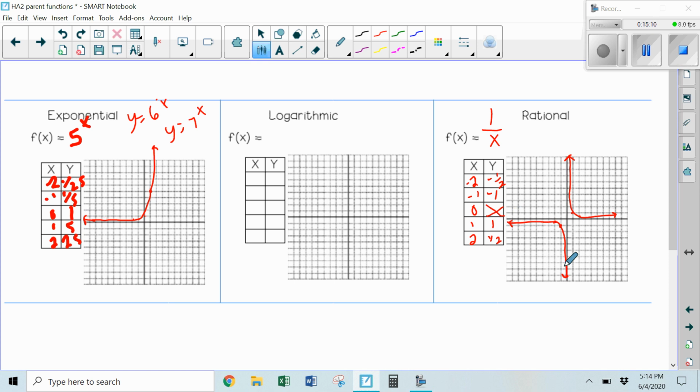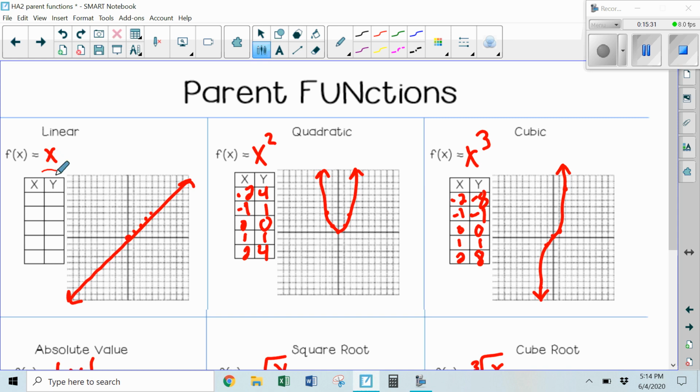So these may seem overwhelming because they're all different, but the moral of the story is if you can plug in a number, if you can plug in any number, you can make a graph. So for today, all I care about is, can you make these 8 parent functions without a calculator? So if you remember what the function looks like, you should be able to plug in any number.